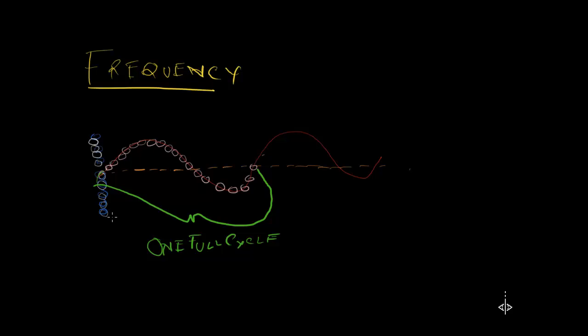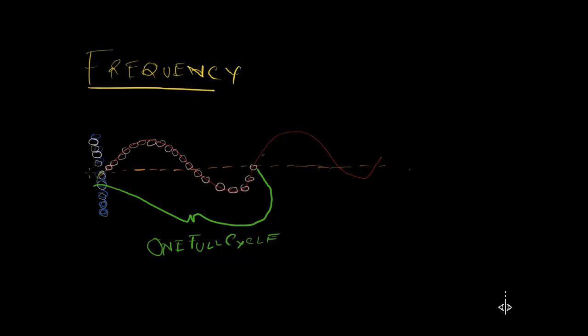And this is going to take some time, right? So the frequency is the number of complete cycles that is made by a wave in 1 second. So this is what frequency is.